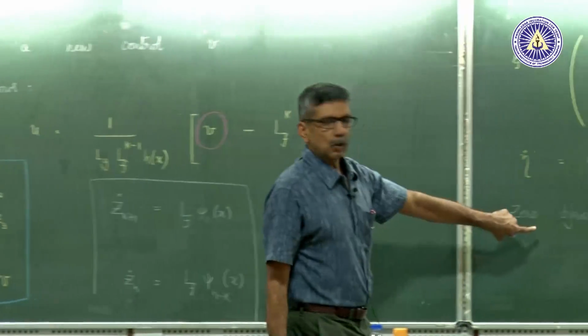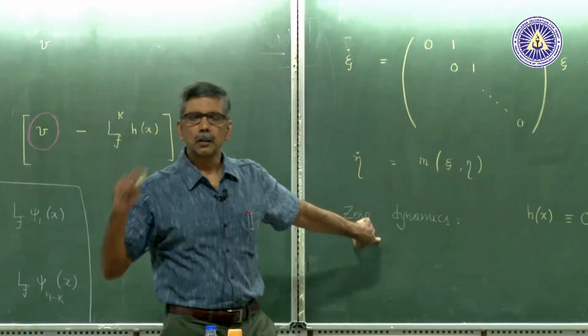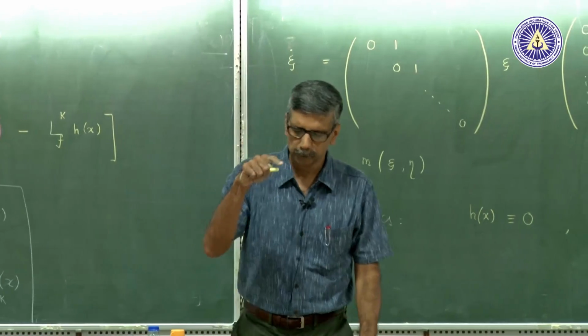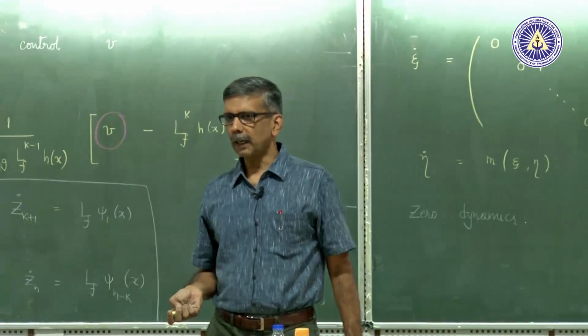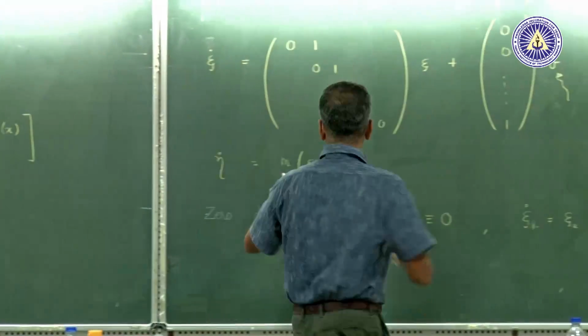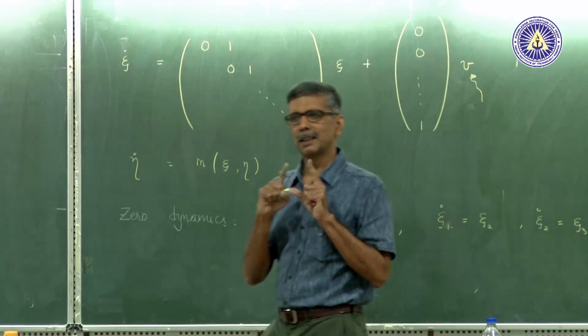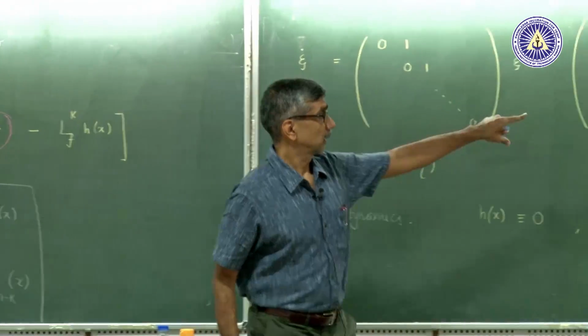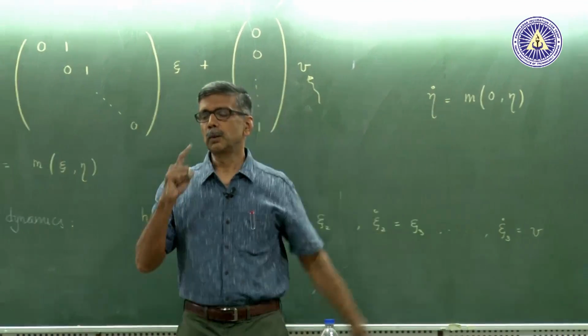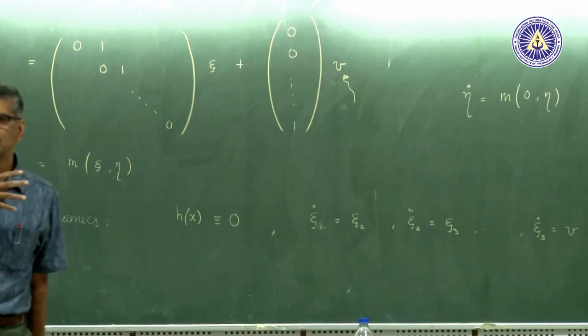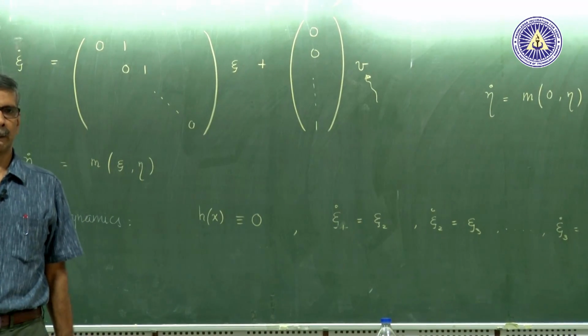The reason this is called zero dynamics is because you're zeroing the output. Once you zero the output, there is a part of the dynamics which is hidden. Note here that eta is getting affected. You don't want the eta variables to get large.